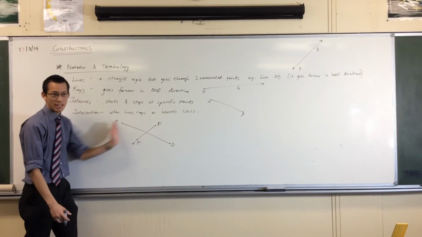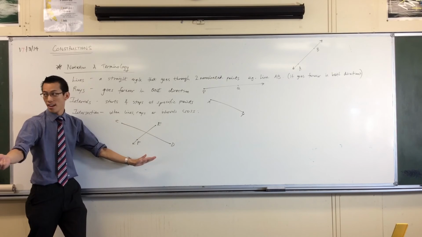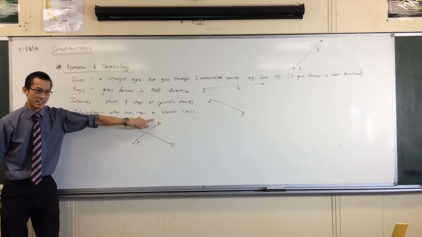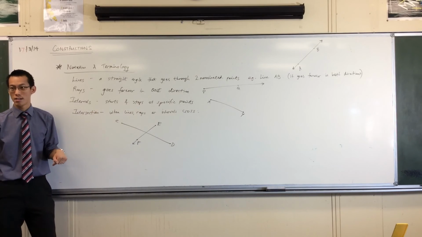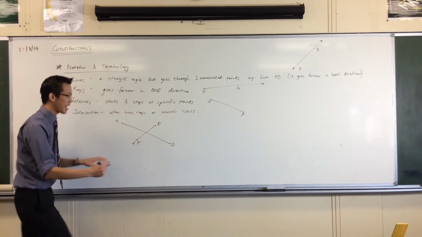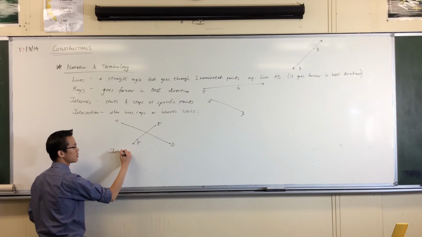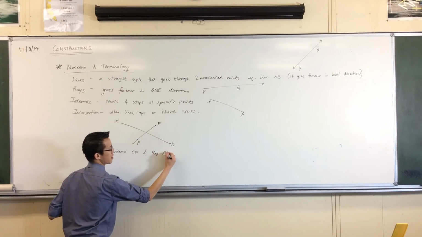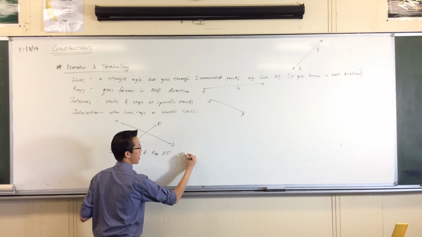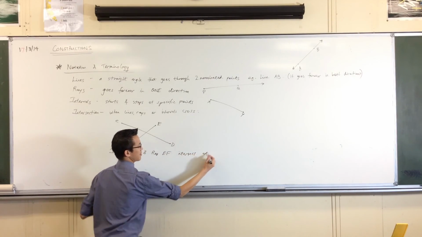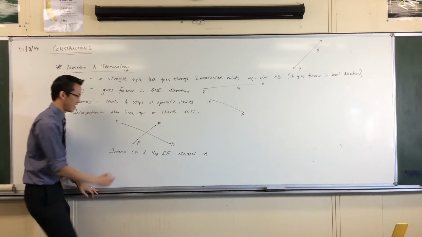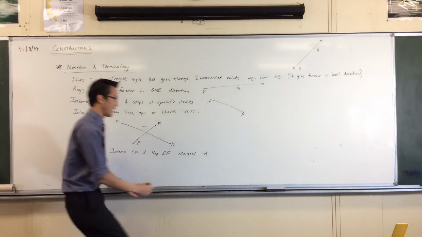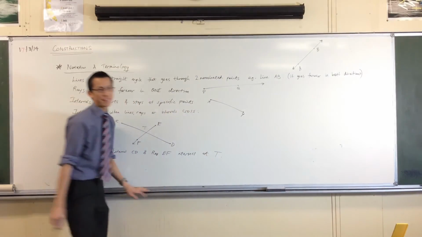C, D starts and stops, so it's an interval. E, F starts somewhere, but then it goes forever, so it's a ray. So I can say interval CD and ray EF intersect. What should we call the intersection? How about T, even though it's not a T junction. They intersect at T.